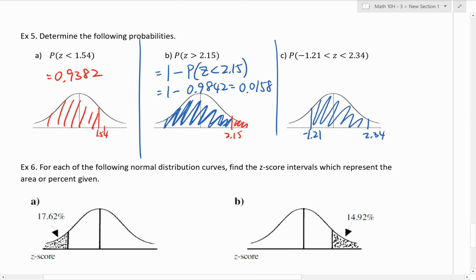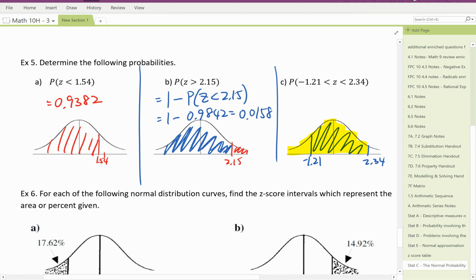What you can do is find this entire area right here, anything less than 2.34, and then just take this portion away. You take that portion away, then you get the rest of it. So what you need to do is find what's left of 2.34 minus what's left of negative 1.21.